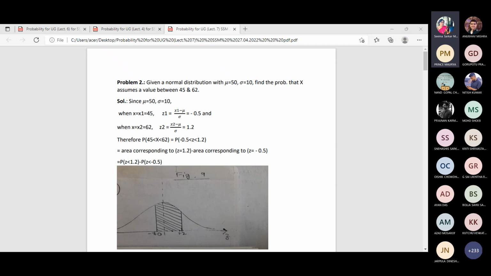We are getting the area which is given in the question. Mu, sigma, and area are given. In other problems, you have seen that mu, sigma, and the ordinates are given. But here you have to find the ordinate. Area is given, and from that area we have found the Z value. Is it okay now?